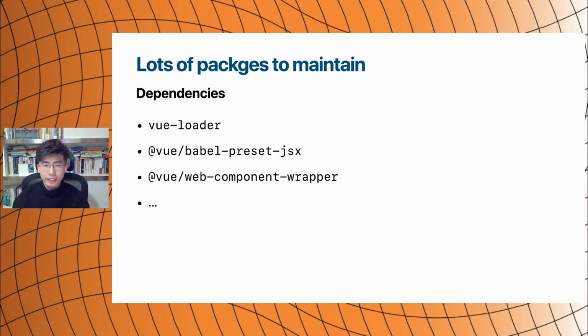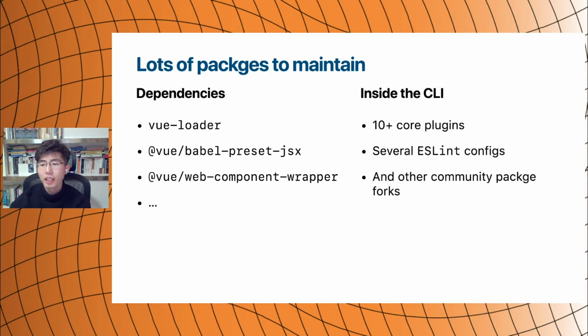So we have a web component wrapper to maintain. And inside the CLI, we have more than 10 core plugins and several ESLint configs. That's already a huge collection of packages to maintain.